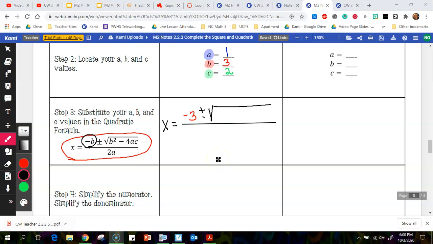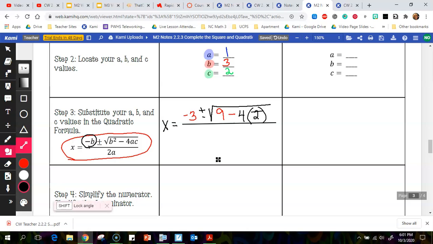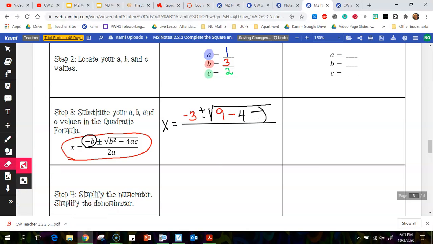Plus or minus the square root of B squared. So 3 squared is 9. Minus 4 times A times C. 4 times 1 times 2, so that's going to be 8. 9 minus 8, that's easy.